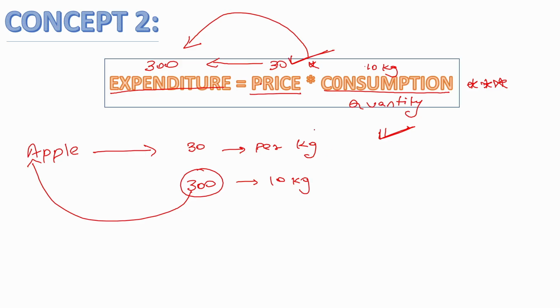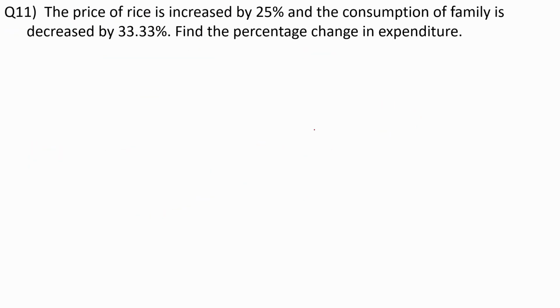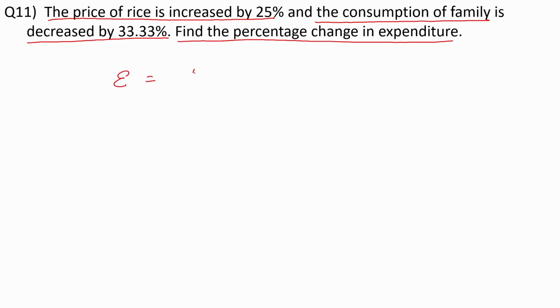So let's solve the first question on this concept. Here it is. The price of rice is increased by 25% and the consumption of the family is decreased by 33.33%. Find the percentage change in expenditure. So, as discussed earlier, expenditure equals price into consumption.